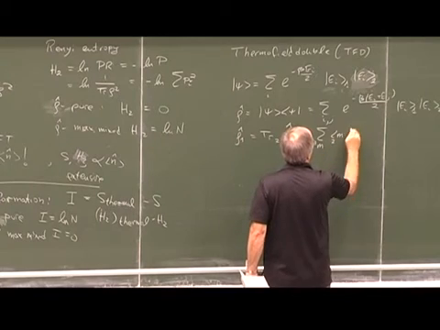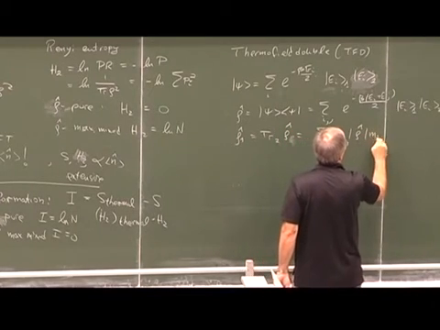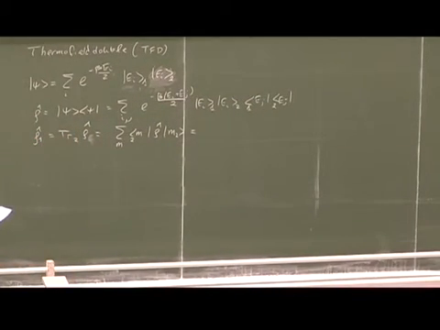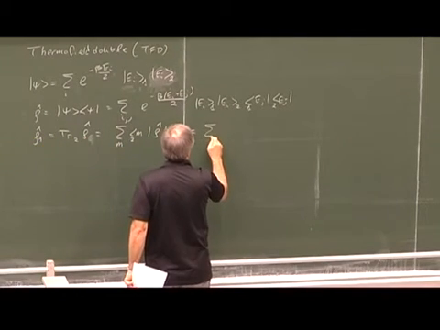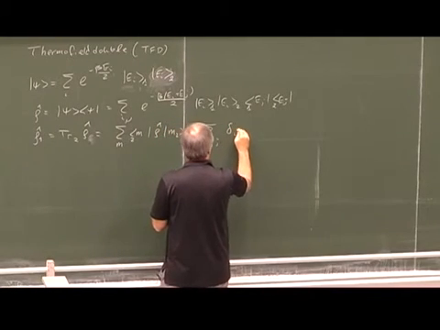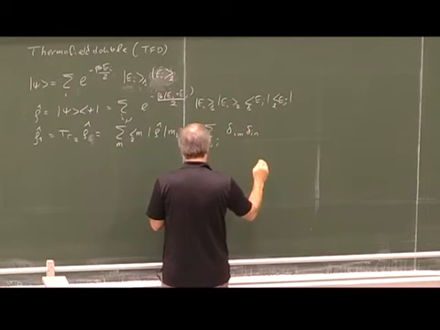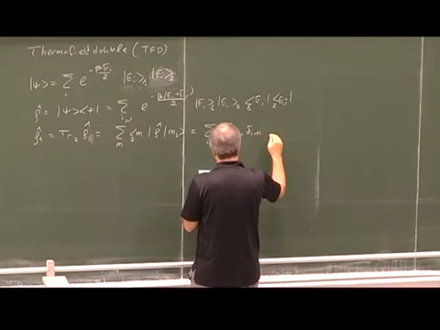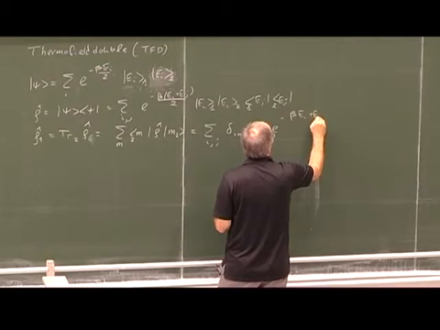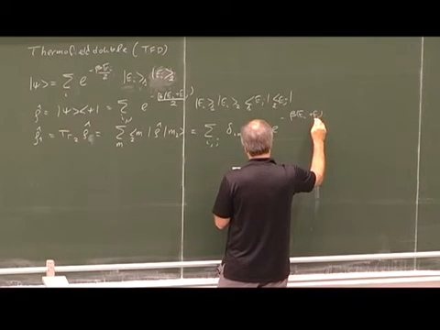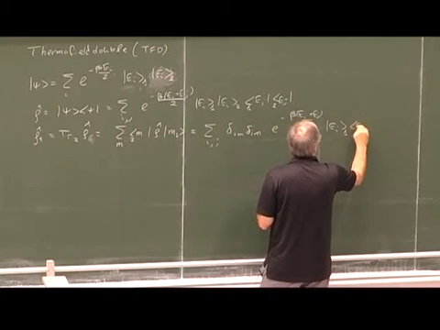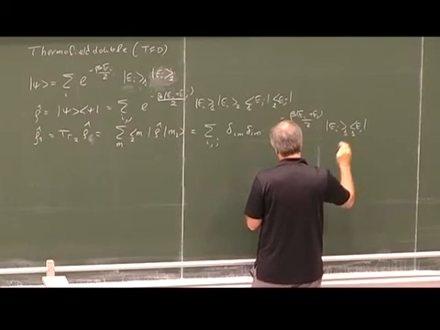It's the partial trace over space 2 of rho. And in this case, you see what happens is that this gives me the sum over ij of delta im delta jm e to the minus beta (Ei plus Ej) divided by 2 times |Ei,1><Ej,1|.